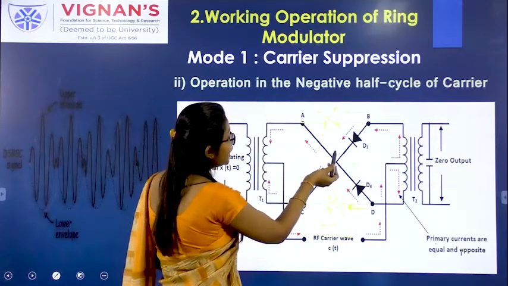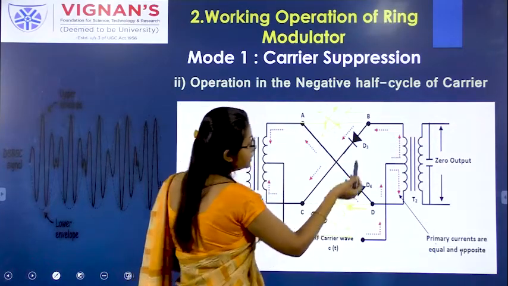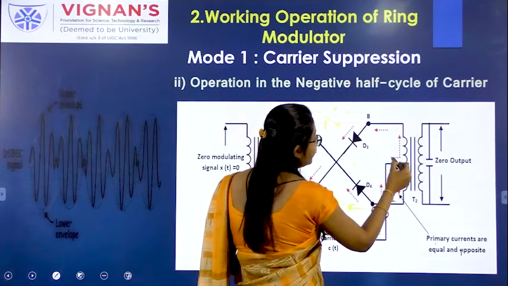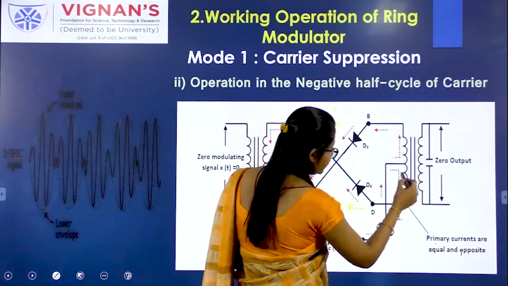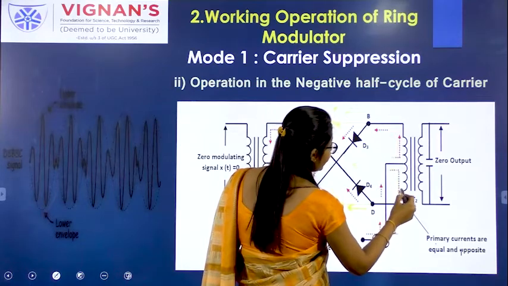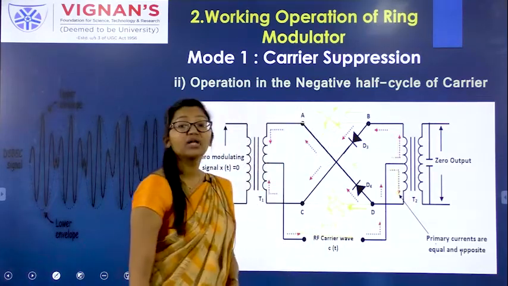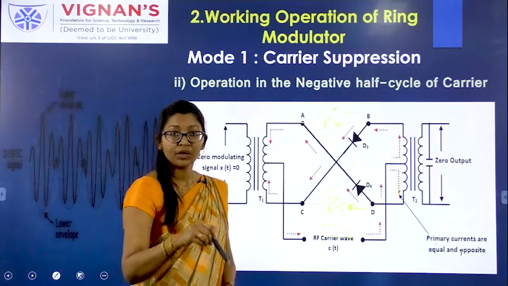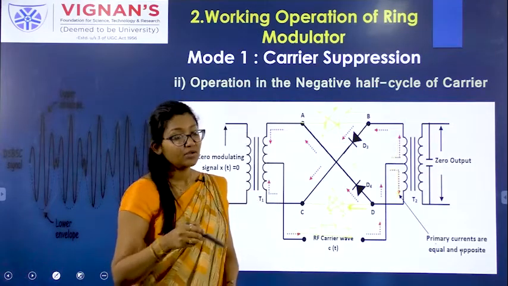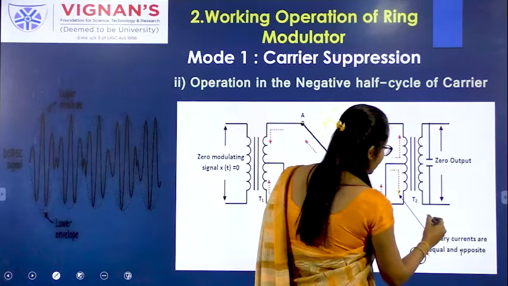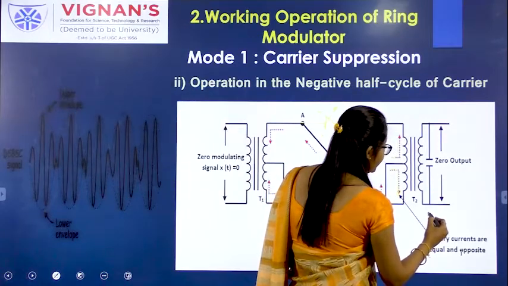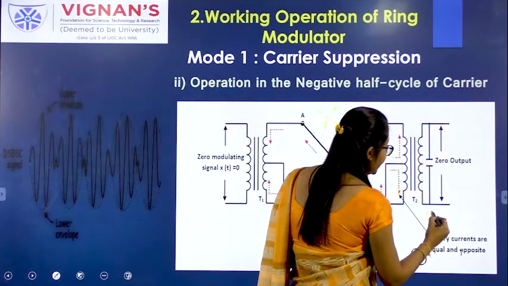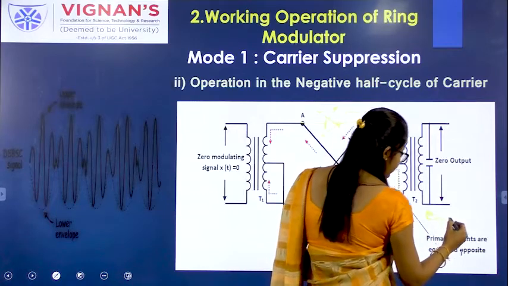So if you see again the current flow direction in D3 and D4, previously both were entering, and now both are leaving. So again both are leaving, and both magnitudes will be equal and opposite.